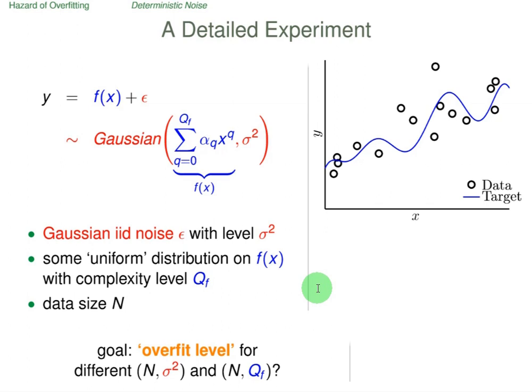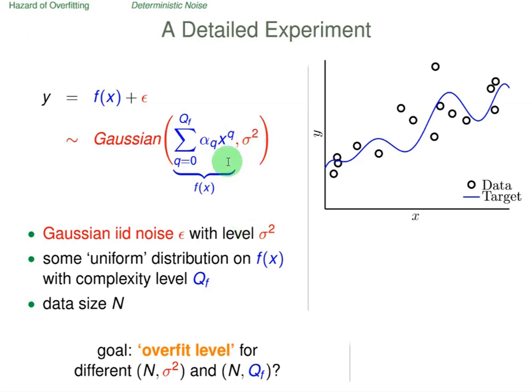We said target complexity acts as a different type of noise. Let us consider a general target function, f of x, plus some added noise, Gaussian IID noise, with some variance level. The level of noise is denoted by sigma.